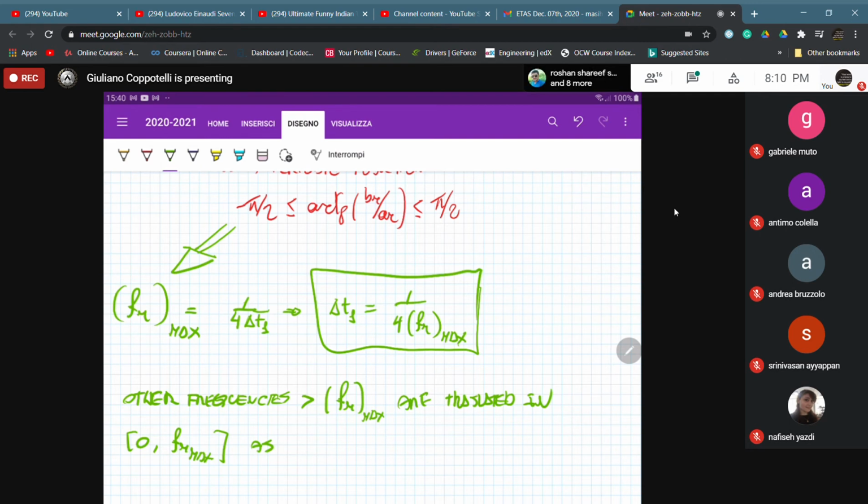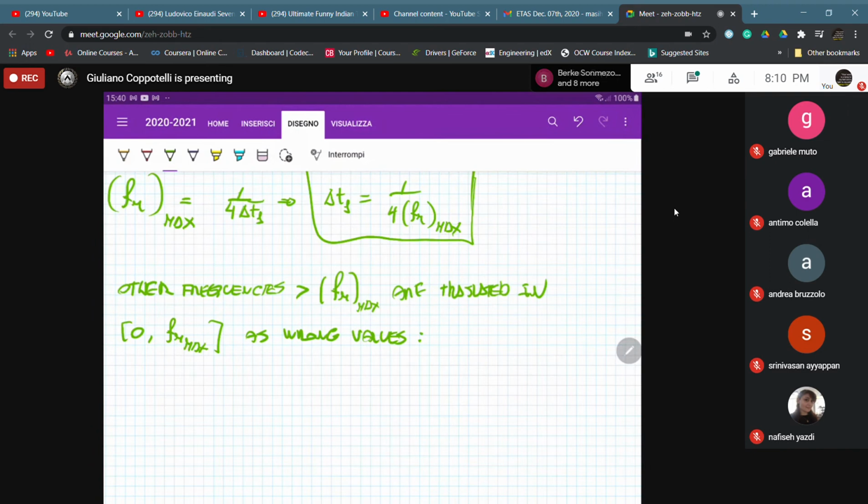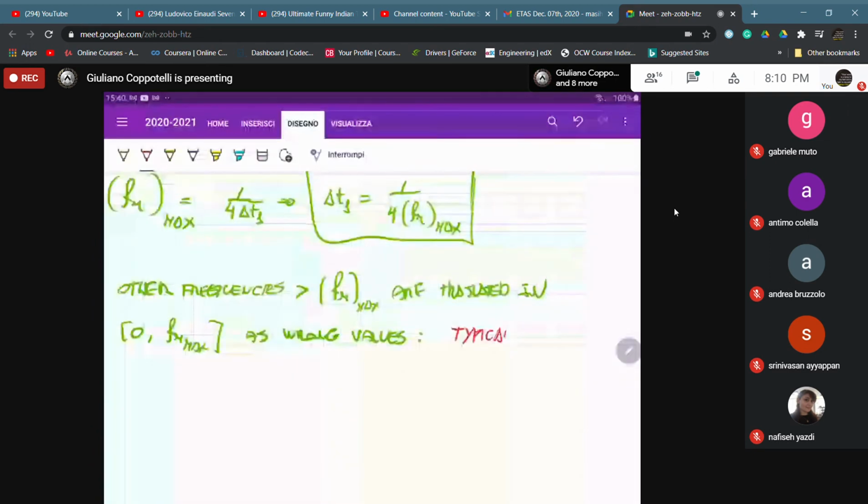And you already know this problem because that is a typical aliasing problem.